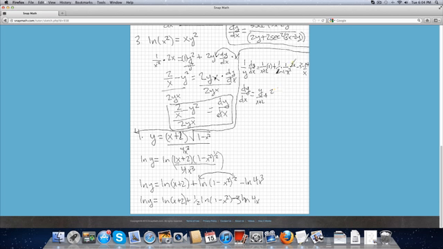So it's just going to be xy over 1 minus x squared. And then minus, this is going to be 12, 3 times 4 is 12. So 12y over x. And that's your derivative right there.